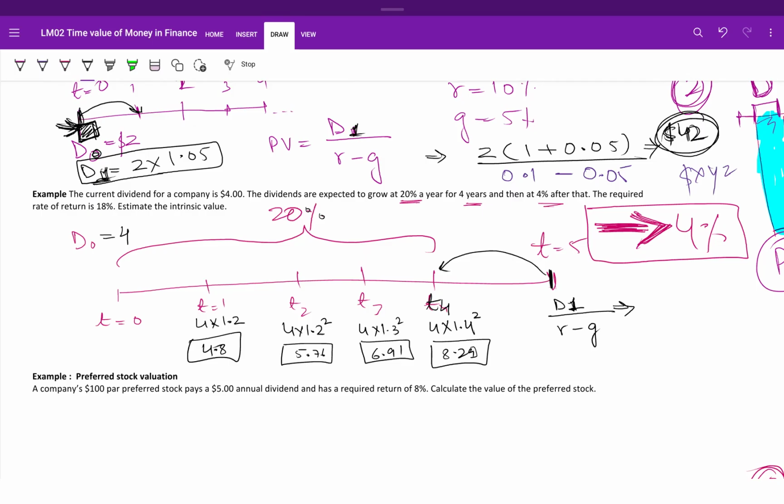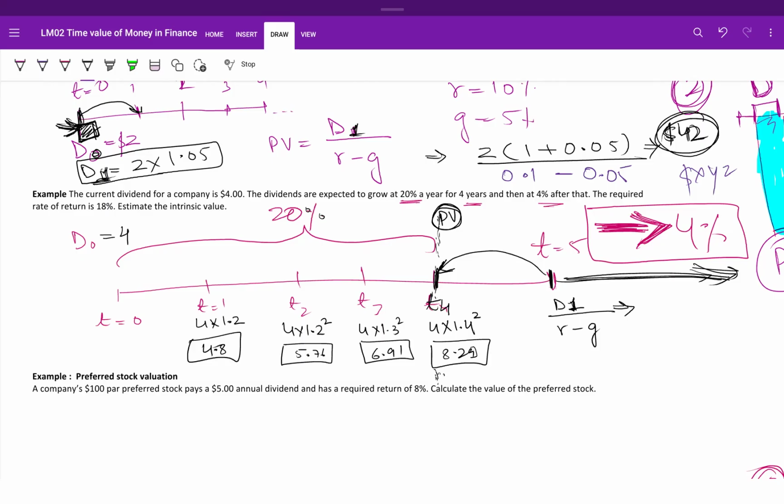From this point forward, the dividend is going to grow forever. How much should I pay for this perpetuity? Let's ignore the previous calculations. If I am standing at this point, at present value, how much will I pay? So we need to calculate the present value here first.